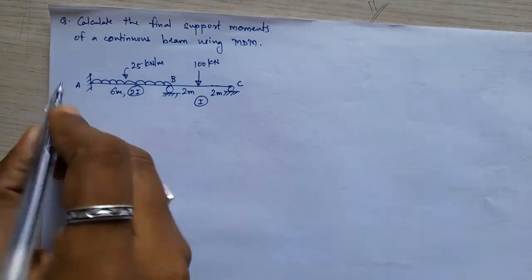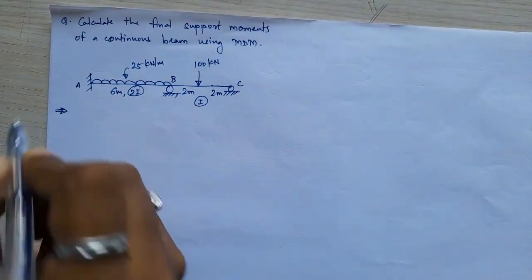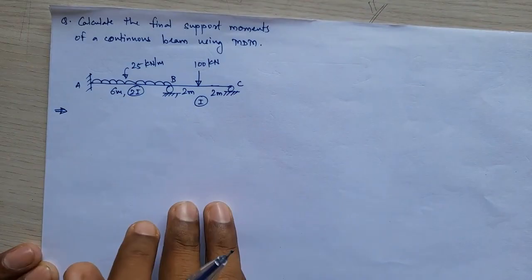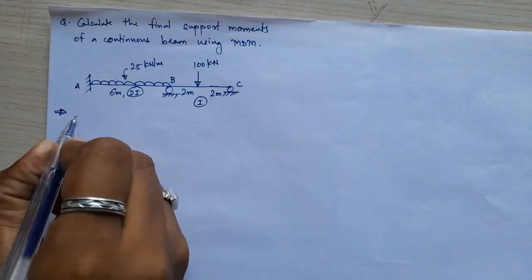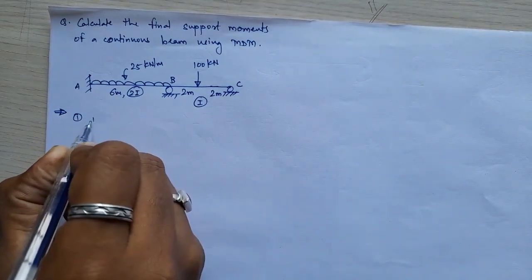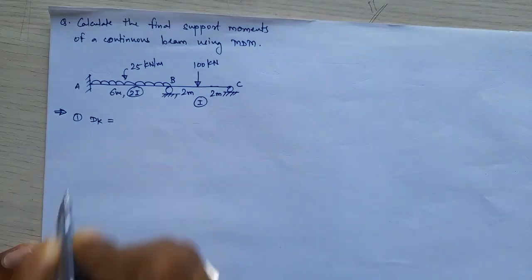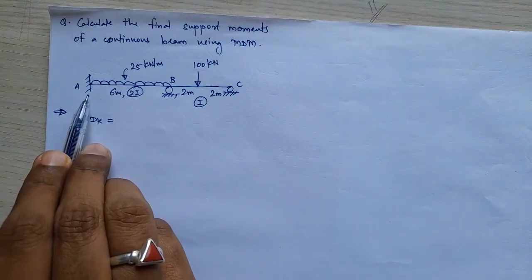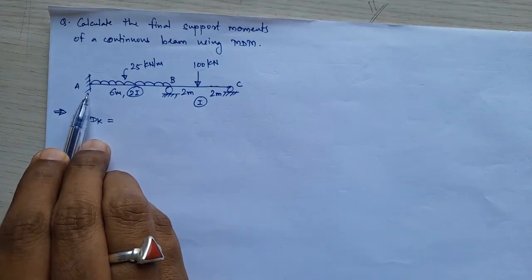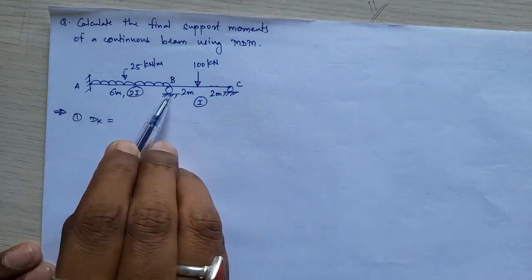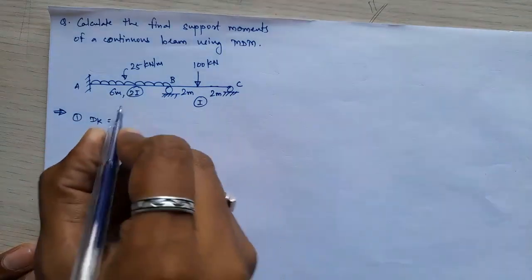The first initial step: this is again a stiffness method, or displacement method. So firstly you have to calculate the value of DK here. For the support condition, A is fixed, so its DK value will be 0, and theta B and theta C will be the two DK values.